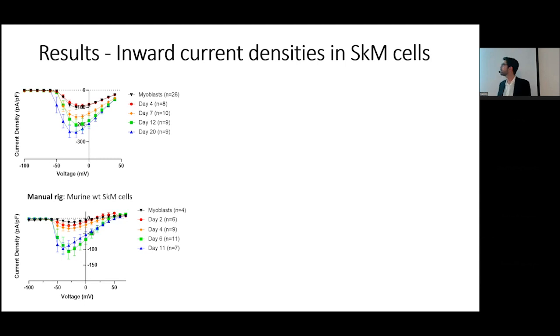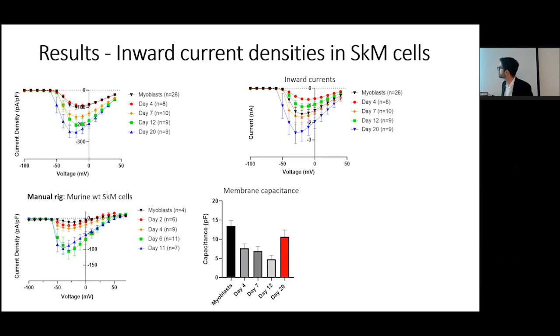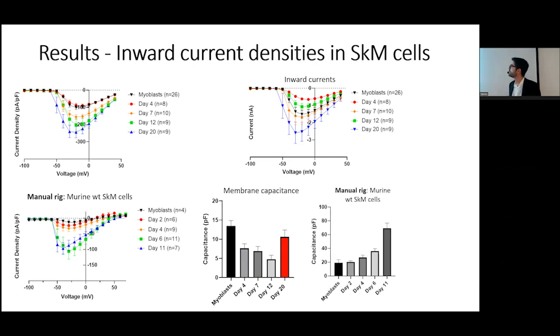But when I show you the absolute inward current, in nanoamperes, we see that there is no linear correlation between the increase of the inward currents and the stage of differentiation. Also, surprisingly, we see that the membrane capacitance is not increasing with the differentiation, as expected and as in the murine wild-type skeletal muscle cells, whose data were obtained with the manual rig. So we asked ourselves some questions.